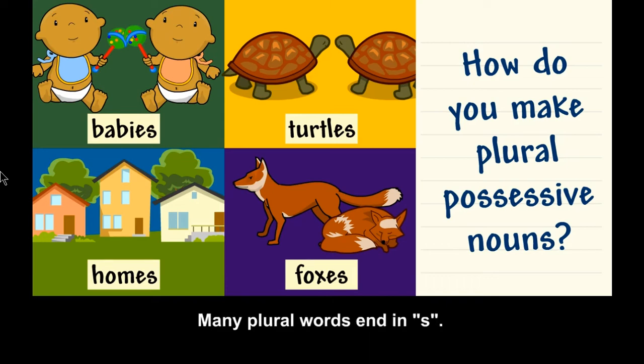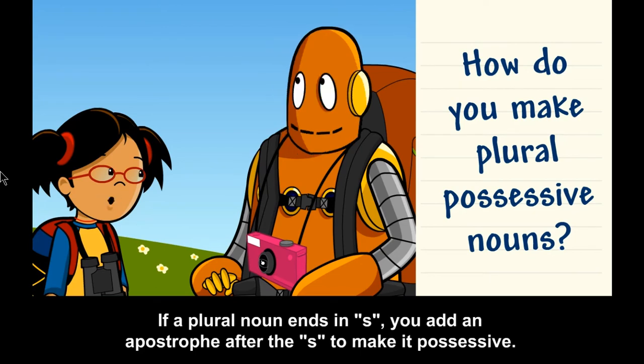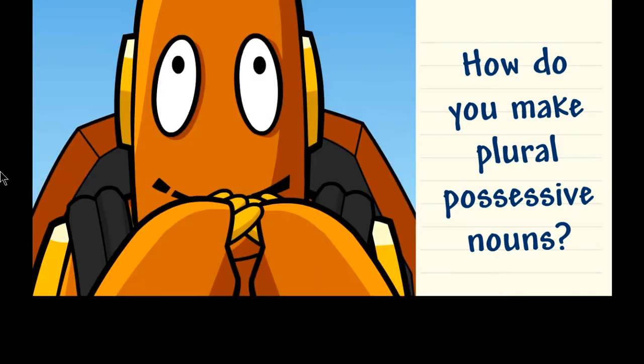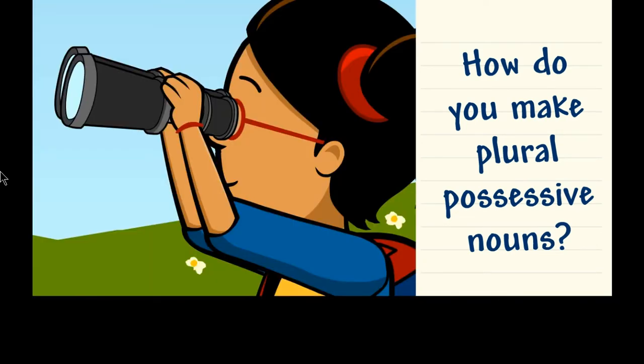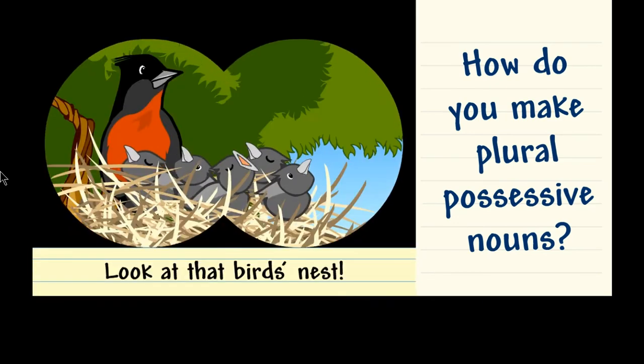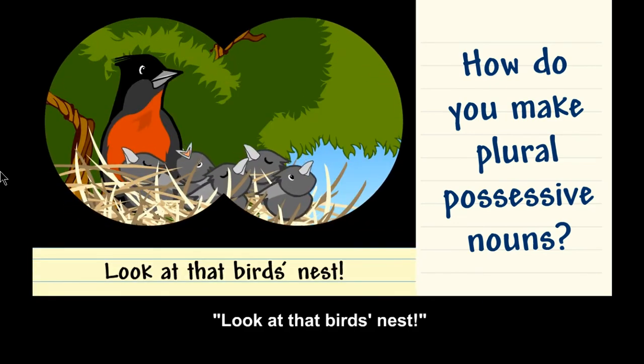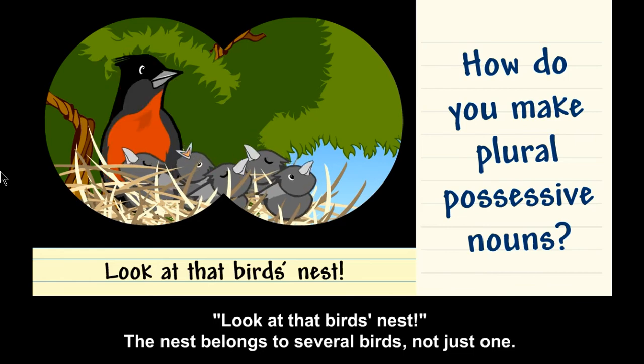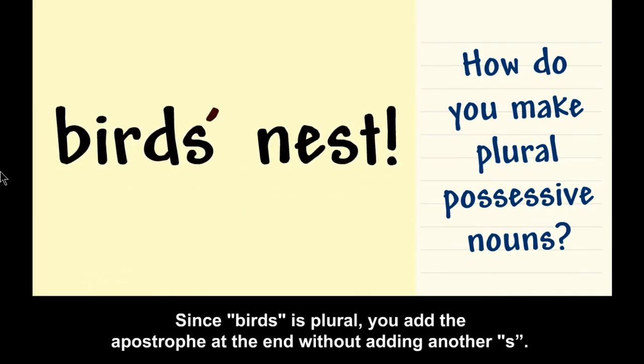Many plural words end in S. If a plural noun ends in S, you add an apostrophe after the S to make it possessive. Cool! Look at that bird's nest. The nest belongs to several birds, not just one. Since birds is plural, you add the apostrophe at the end without adding another S.